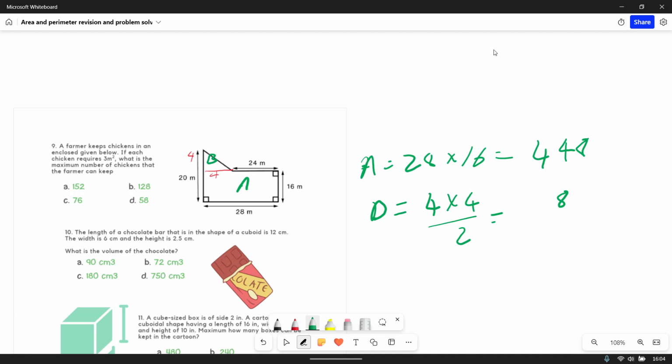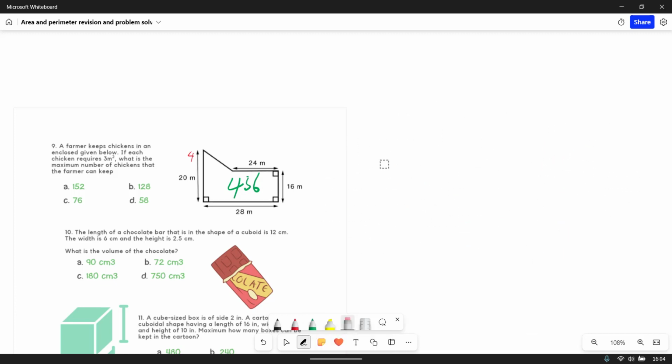So that's 448 add 8 equals, if you add them up, 456. That's the total area. And each chicken requires 3, so we divide all of that by 3. 456 divided by 3 gives you 152, which is A.